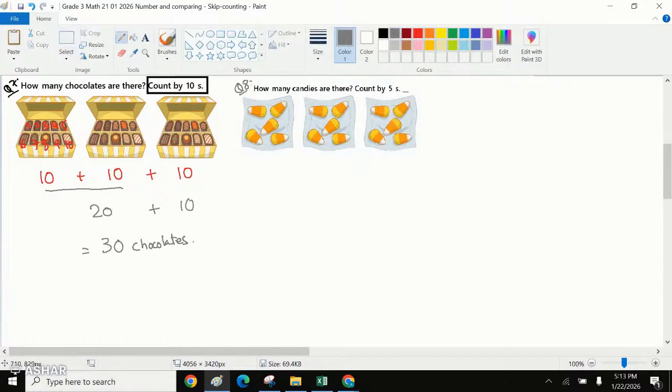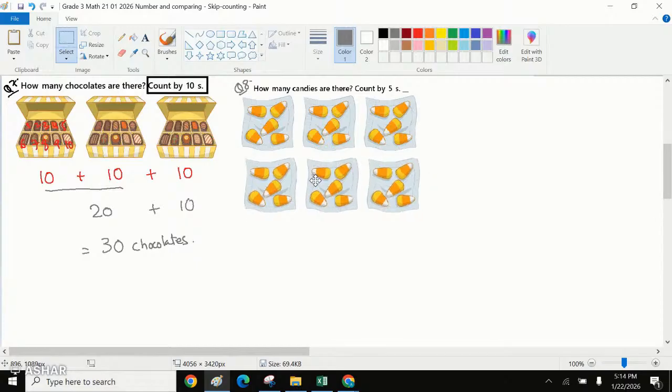Question number 8. How many total candies are there if we are counting by fives, if we are skipping the count by fives?